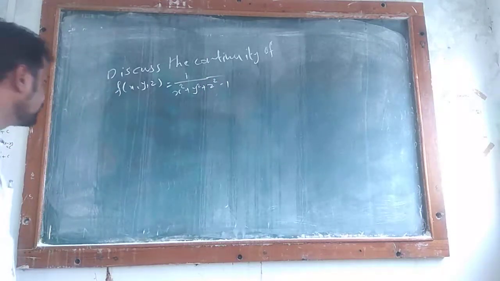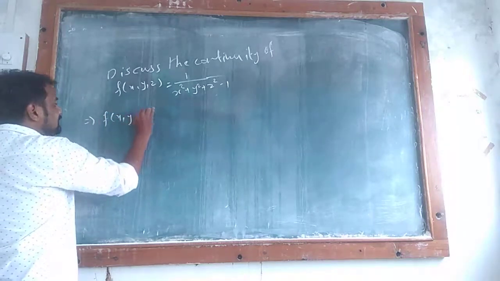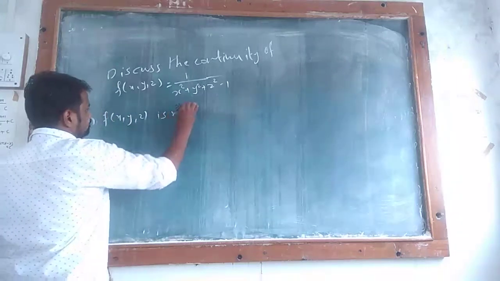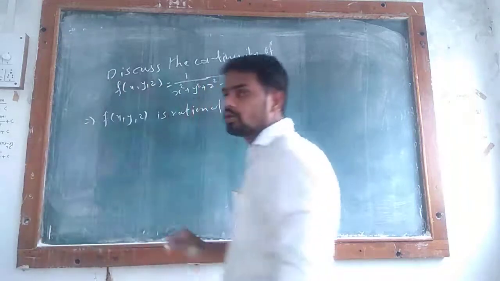In this question, f of xyz is a rational function of two polynomials.